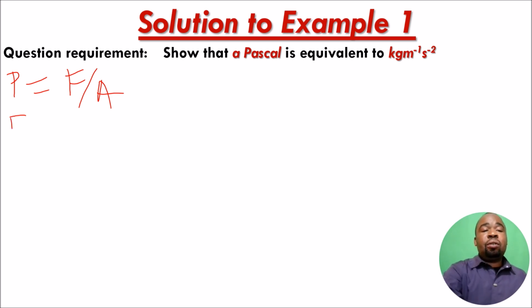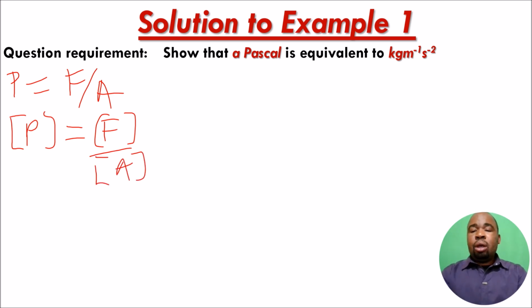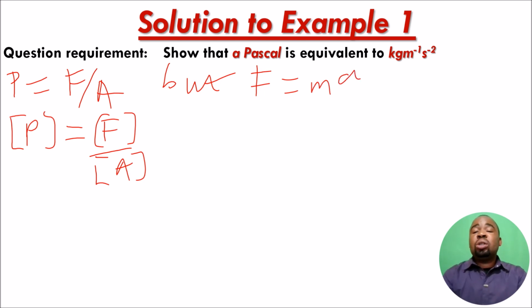So we can safely say pressure is force per unit area. Therefore, the units of pressure are equivalent to the units of a force divided by the units of the area. Once you introduce square brackets, you're now dealing with the units of the physical quantities in the square brackets. But it is important to note that force is equal to ma according to Newton's second law.